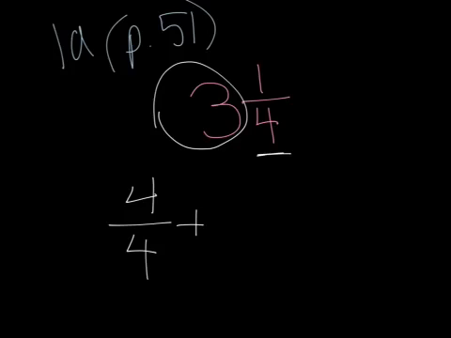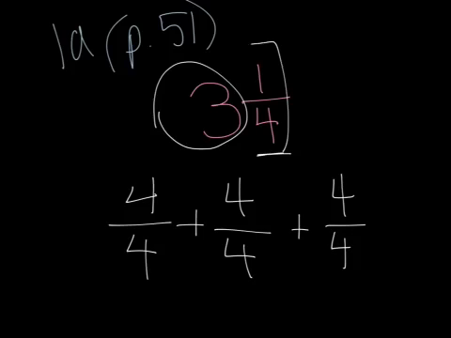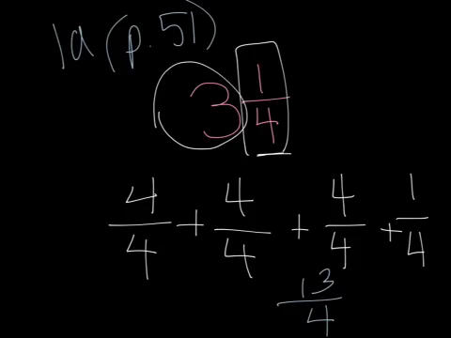And if we have 3 wholes, we would have 4/4 plus 4/4 plus 4/4, and then we have our 1/4 left over. So when we add all of those together, we have 4 plus 4 is 8, plus 4 is 12, plus 1 is 13. So we end up with 13/4.